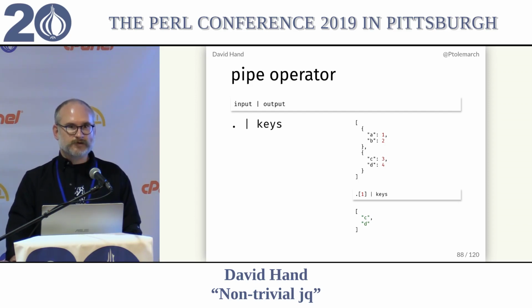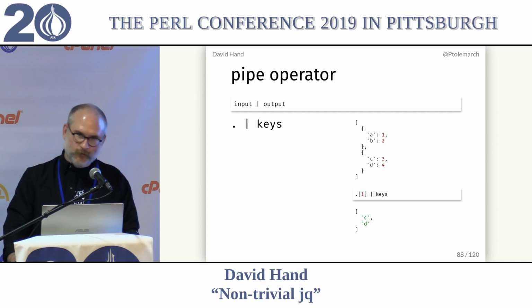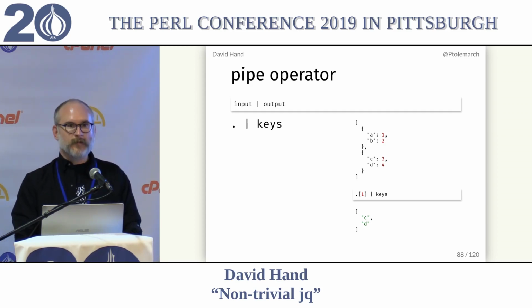All of the functions that have two or more arguments take them in through parentheses, because there's no way to pass more than one argument at a time through the pipe. So it's a little bit awkward at times. But the most natural way for a JQ function to accept its arguments is through the pipe.